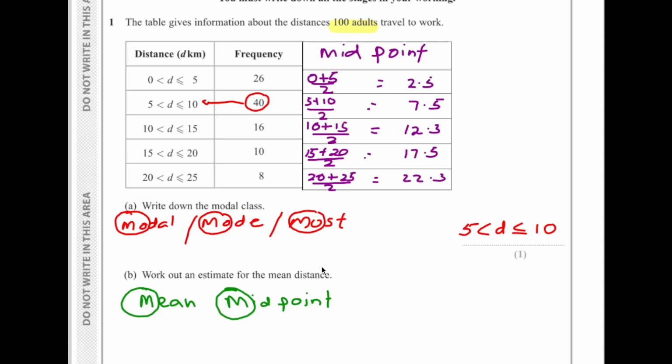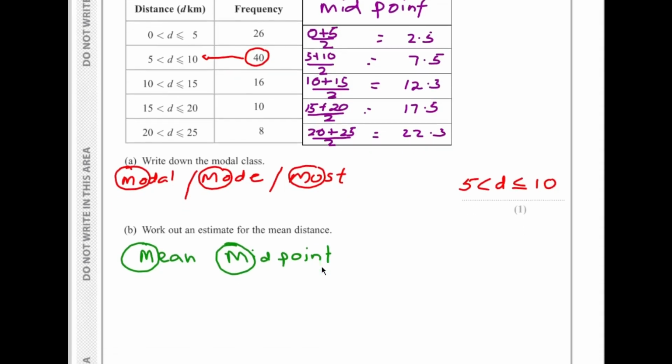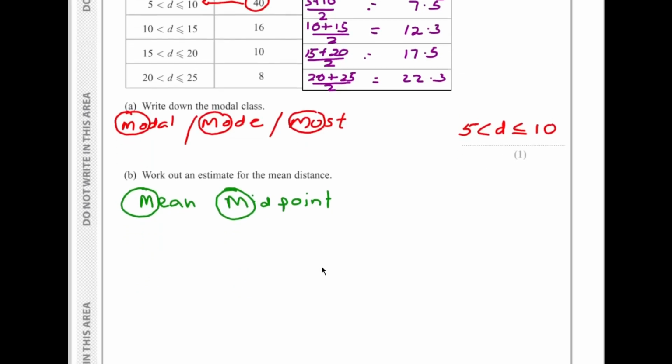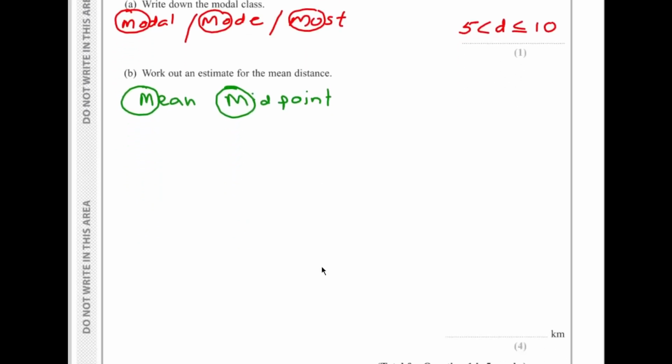How do we get the mean? When we need to get the mean out of this frequency table, remember the formula for mean. Mean equals sigma fx over sigma f. What's the meaning of sigma? Sigma means get the total. So we are asked to get the total of this product, the frequency times its midpoint.